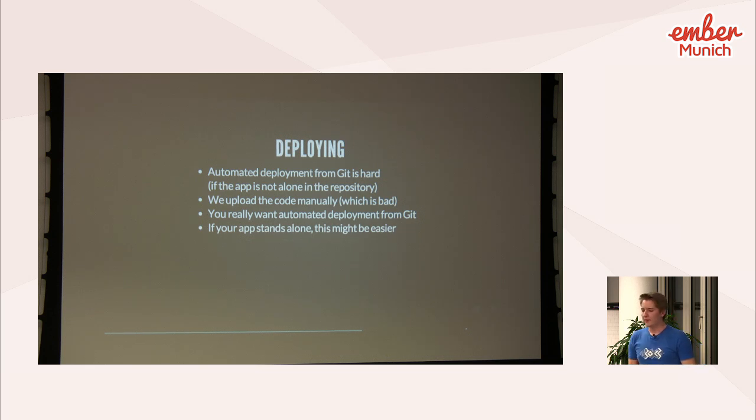And I think if your app is alone on your server and in your repository, then this should be a lot easier. Maybe use tools like continuous integration servers. We currently have a Jenkins setup that uses rsync to deploy our sites. It's not too easy to set up and to maintain, but it's still largely better than uploading your code manually. And maybe if you use Angular. No, just kidding.